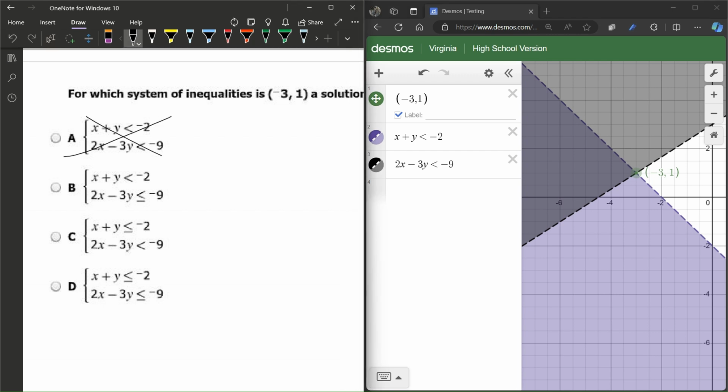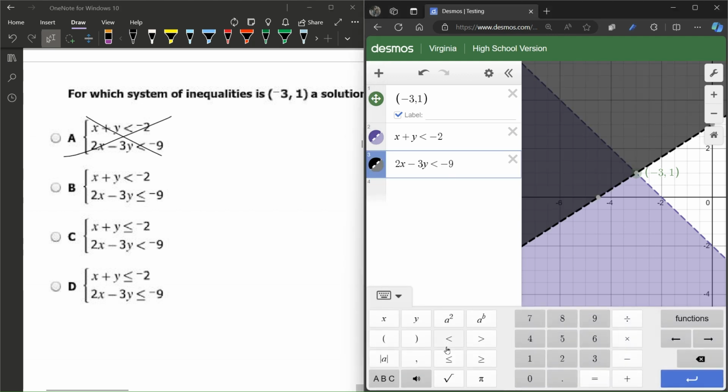The only difference between answer A and answer B is that the second inequality, 2x minus 3y less than or equal to negative 9, is a less than or equal to.